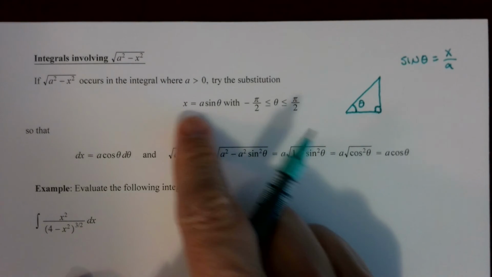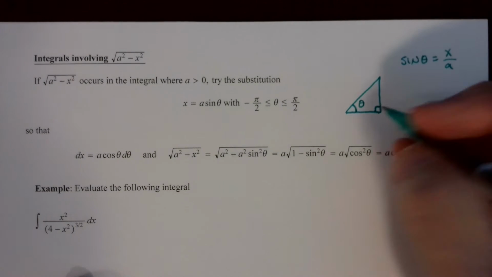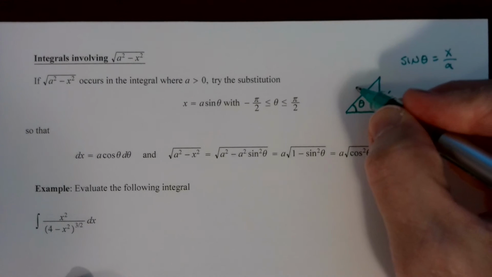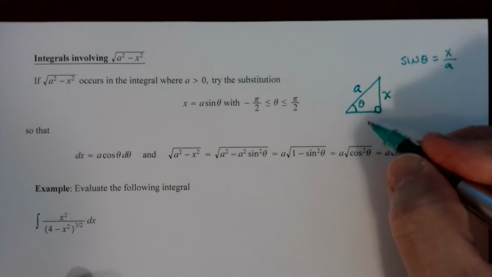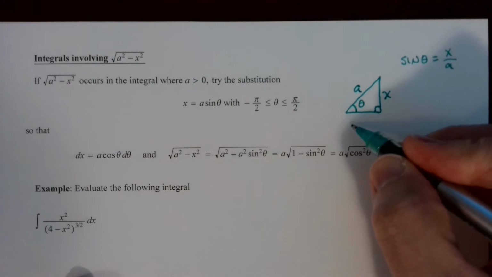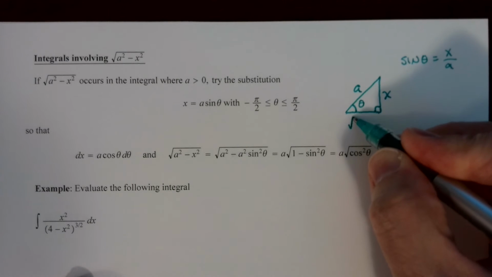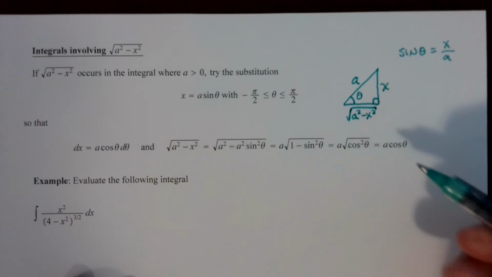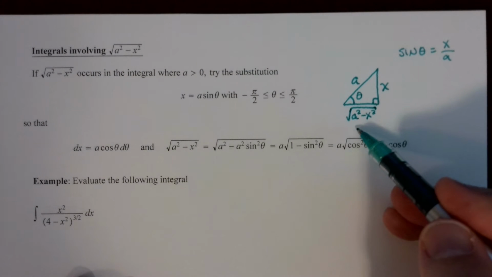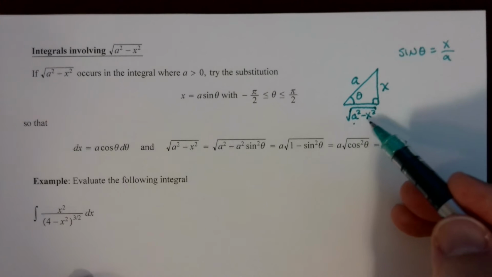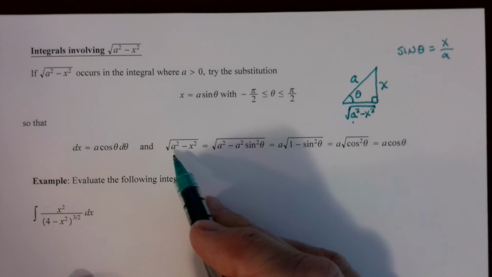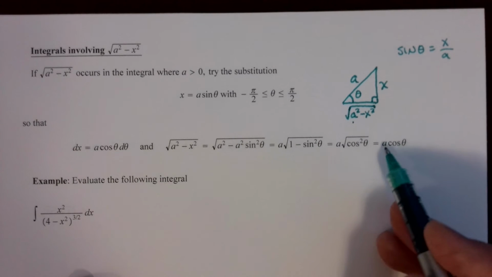If I divide both sides of this by a, then sine theta is opposite over hypotenuse: x is opposite, and the hypotenuse is a. And then if I use the Pythagorean theorem, I'll let you show that this is indeed the square root of a squared minus x squared. All right, and so you get cosine theta is the square root of a squared minus x squared over a, or the square root of a squared minus x squared is a cosine theta.